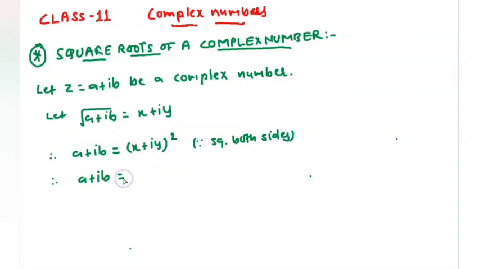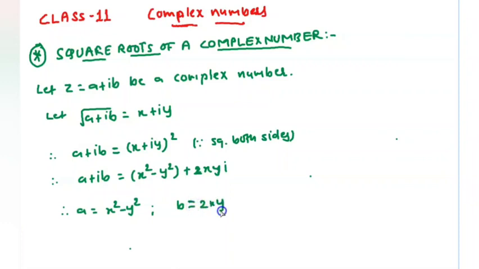a plus ib is equal to x square minus y square plus 2xy into i. Clear? Now we will compare the real parts as well as the imaginary parts on both the sides, and therefore you will get a is equal to x square minus y square, and b is equal to 2xy.